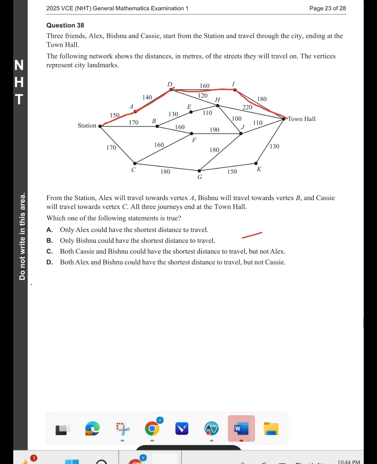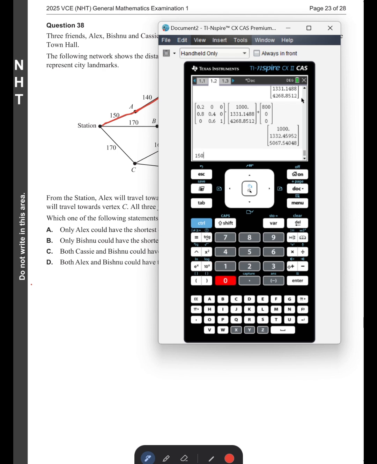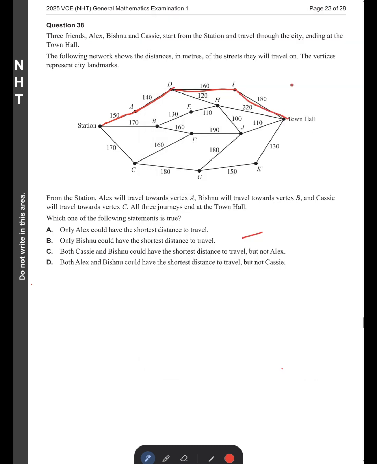So Alex's distance is going to be 150 plus 140 plus 160 plus 180. So Alex's distance is going to be 630. Okay, it's going to change color. All right, Vishnu travels towards vertex B. So he's going to go this way and then work out how he's going to get through.